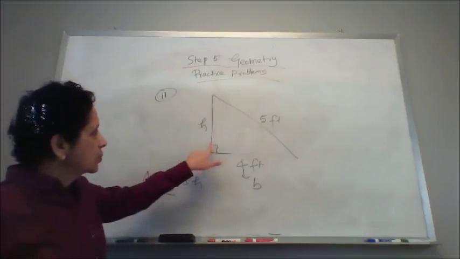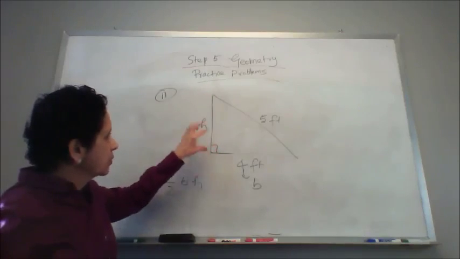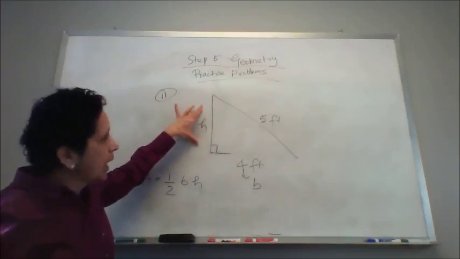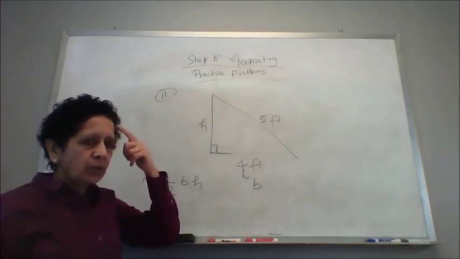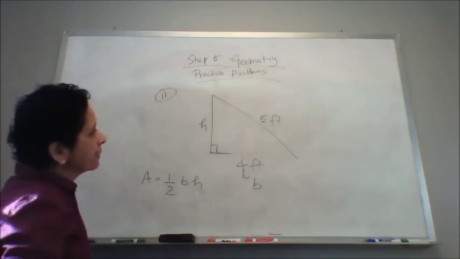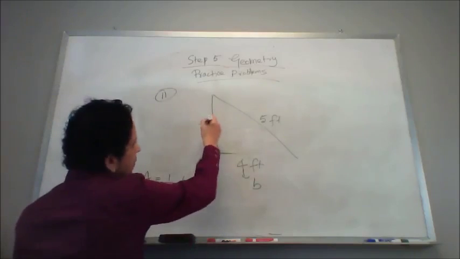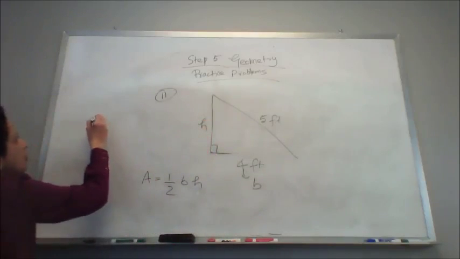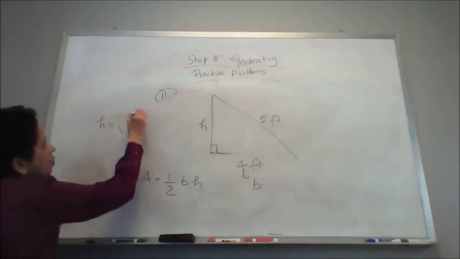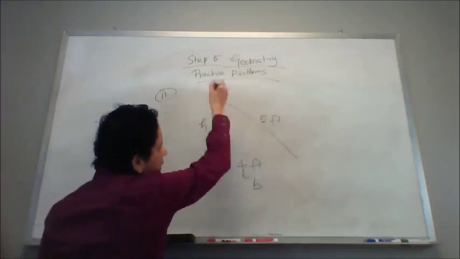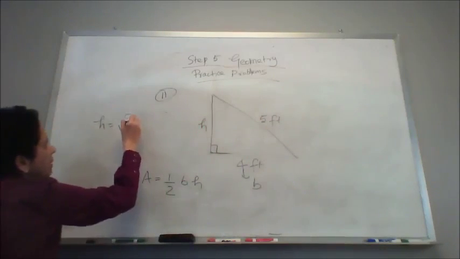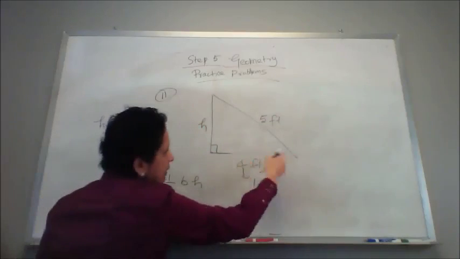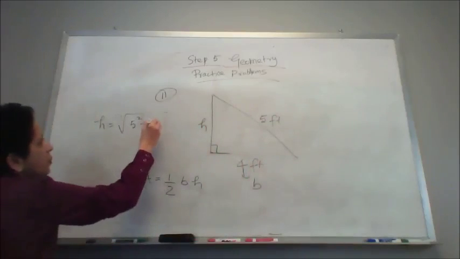So whenever you see a right triangle and you need to figure out one of those sides, then always you will use the Pythagoras theorem, right? So I want to know h. It's always going to be the square root of the hypotenuse squared, 5 squared, minus the other leg squared, which is 4 squared.